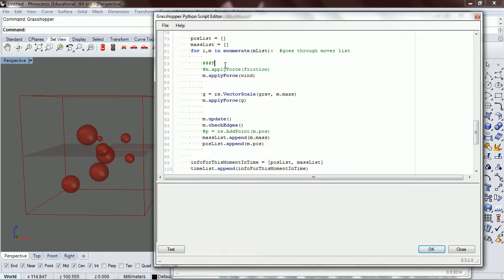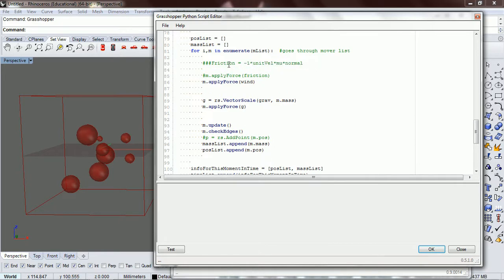And friction is equal to -1 times unit v, and that's velocity, and times mu, that's the strength, and then by the normal. And you want to look at the picture that Daniel Shiffman uses for this if you're interested in it. If not, then that's okay.